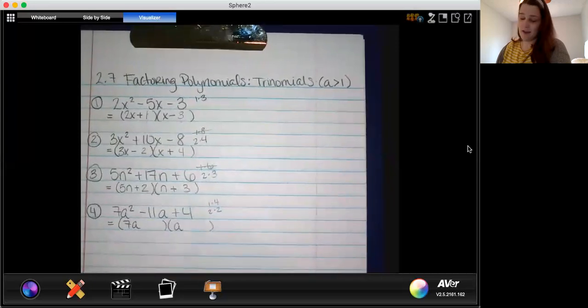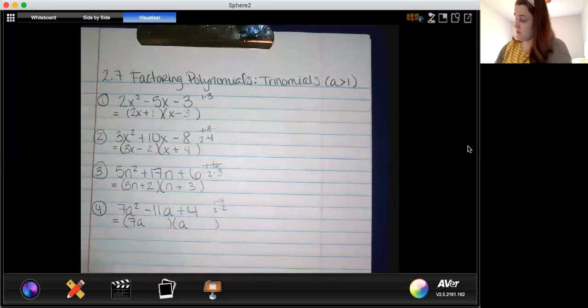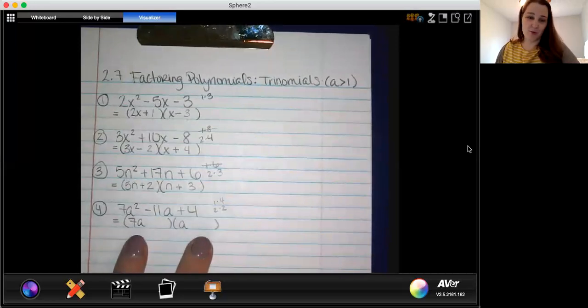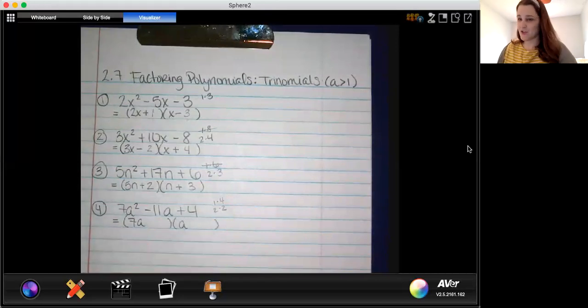Okay, so again, it's very rare that you're going to want to multiply your first term as 1 and the number. And that's just simply because you're going to get a very large number. So unless this middle term is very large, you're never going to do that, okay?